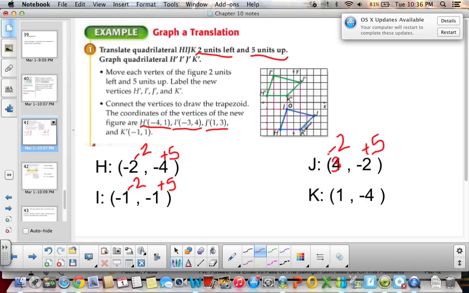And then K, we start at 1, -4, and we end up at -1, 1, so 1 minus 2 is -1, -4 plus 5 is 1.